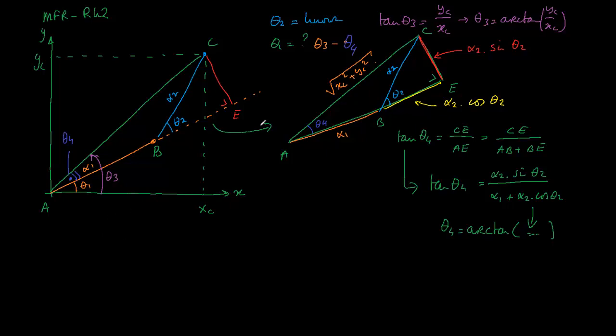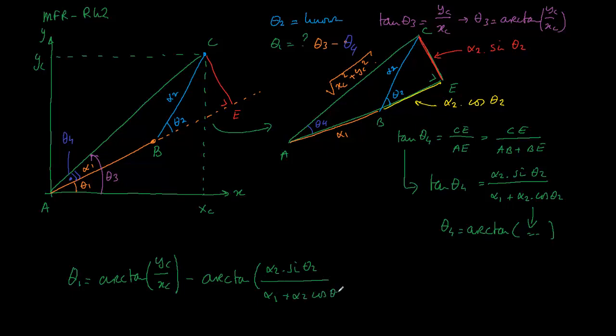Theta 1, the first angle of the robot arm, equals arc tangent of YC divided by XC, which is the big angle, minus the small one, which is arc tangent of alpha 2 sine theta 2 divided by alpha 1 plus alpha 2 cosine theta 2.